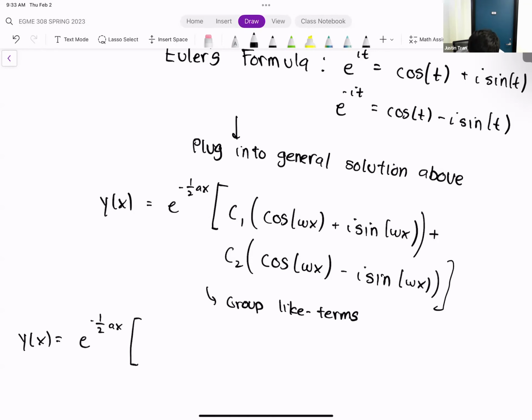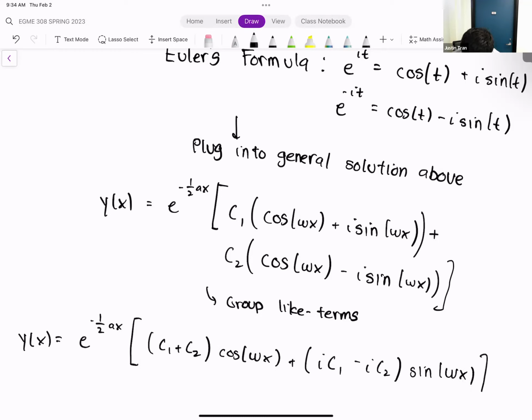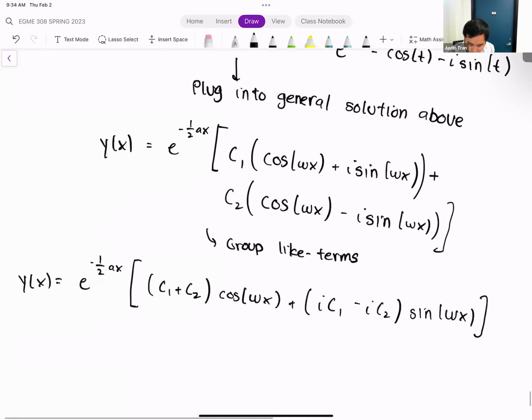Let's do the cosine terms first, and so the cosine terms will be c1 plus c2 times cosine omega x. And then we're going to do the sine terms. So the sine terms are i c1 minus i c2 times sine omega x.